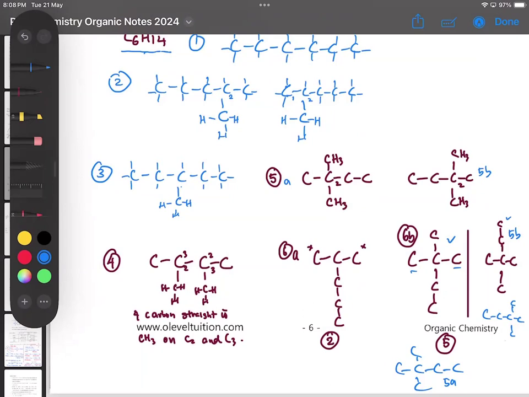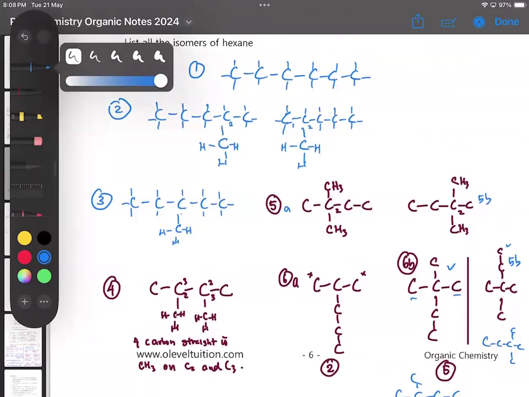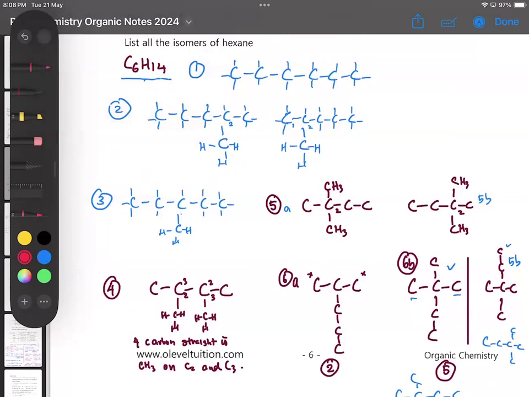Wait, then what about 6A? Let me explain. 6A is actually number 2, because if you look at the longest straight chain, it is actually like this. So it's carbon number 1, 2, 3, 4, and 5, and there's an attachment on this.